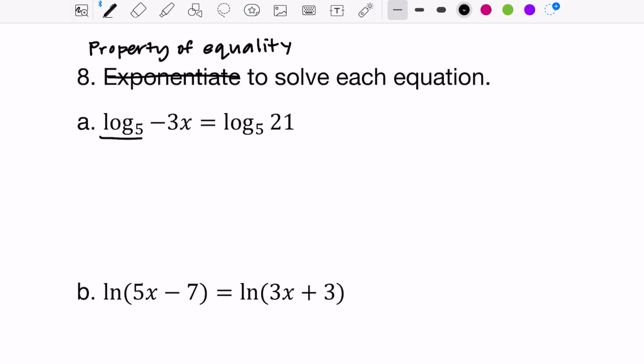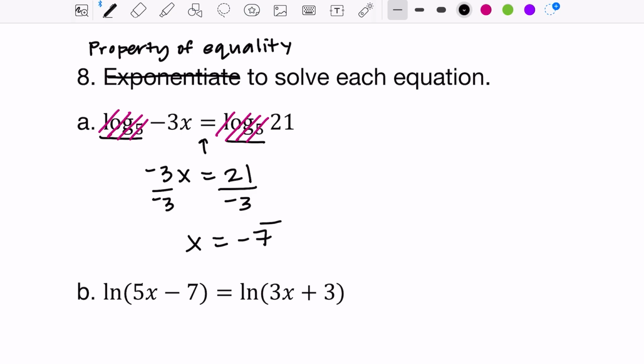So this is log base 5, then there's an equal sign, and then there's log base 5. So that's using the property of equality. Because both of these have log base 5, we can kind of say they already meet the condition of equality. And we can go straight for negative 3x equals 21. Isolate the x. And we get x equals negative 7.